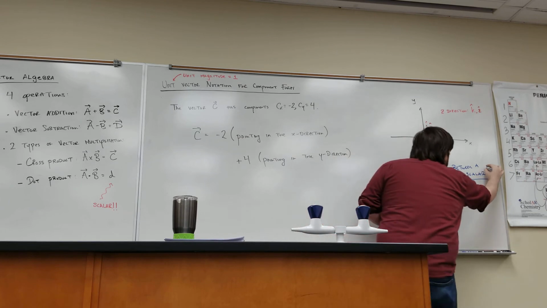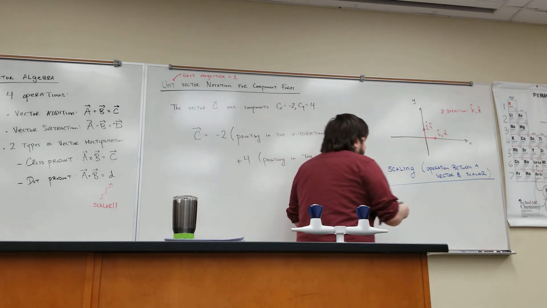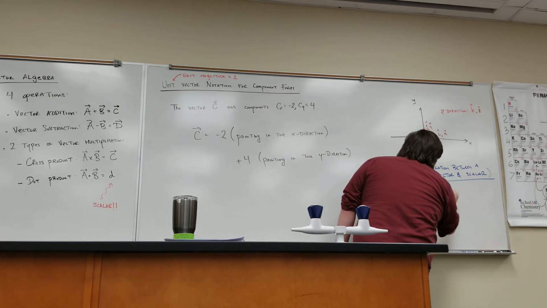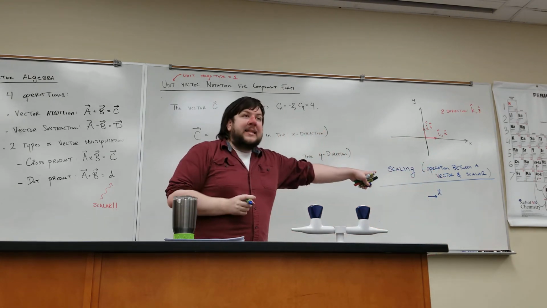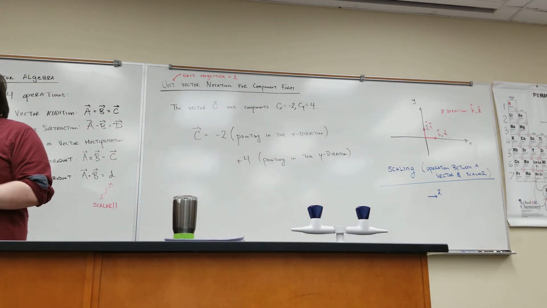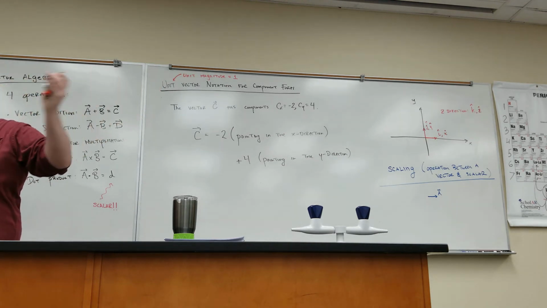This is the single operation between a vector and a scalar. If you have a vector that points in some direction and has some length, multiplying that vector by a scalar will change the length of that vector. A scalar will scale the size of a vector.